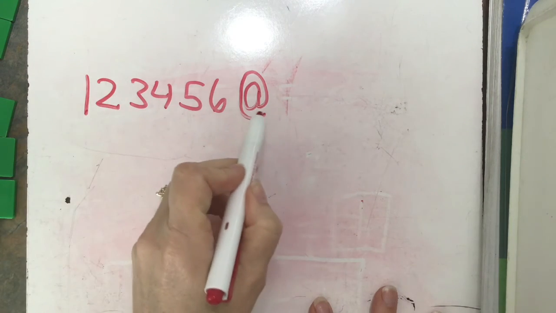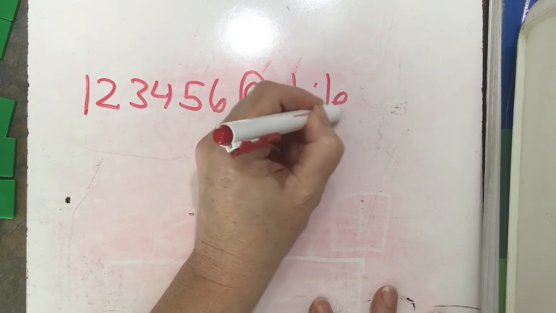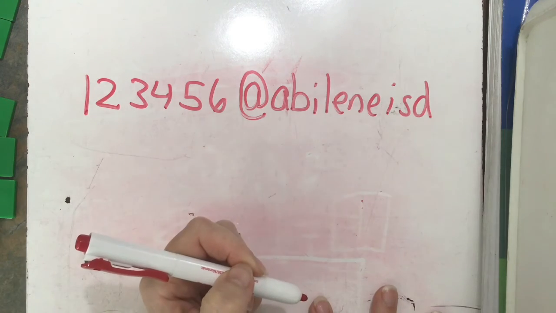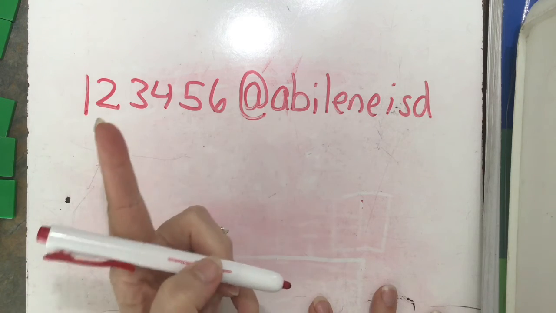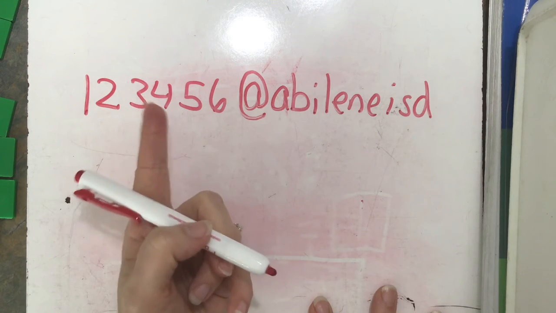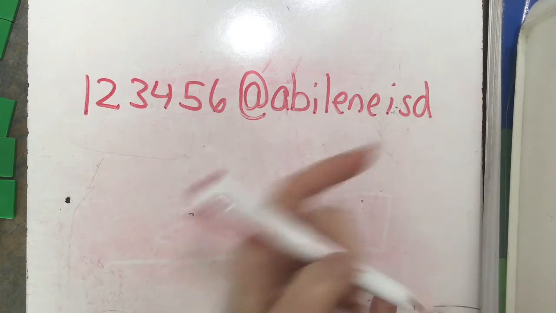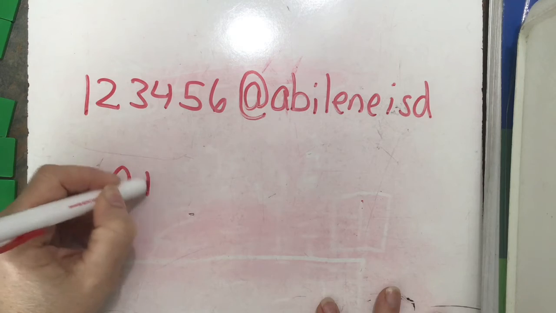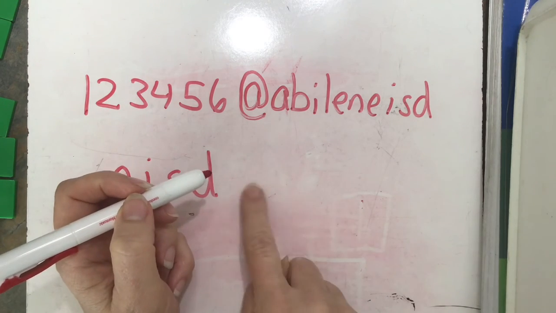So lunch number at Abilene ISD, just like that, Abilene ISD. This is your username. Then your password is going to be AISD, and then your birthday goes right here.